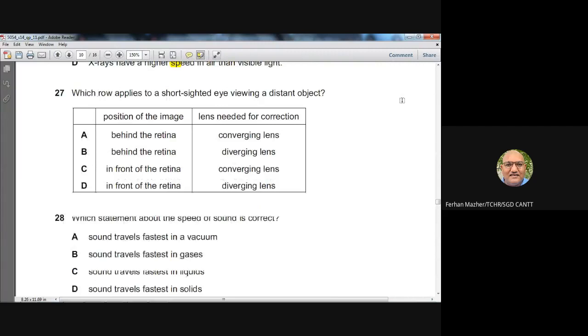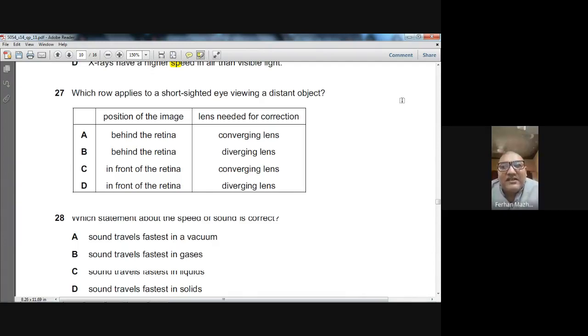Which row applies to a short-sighted eye viewing a distant object? Whenever a person has a short-sighted eye, he is able to see the near objects, but he is not able to see the far objects. The reason is that his lens is bending the light rays too much.